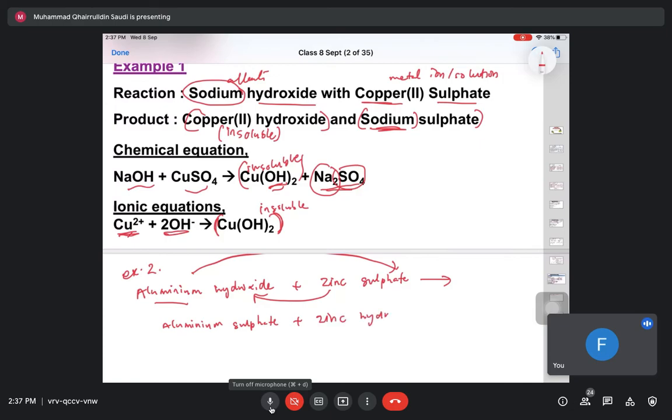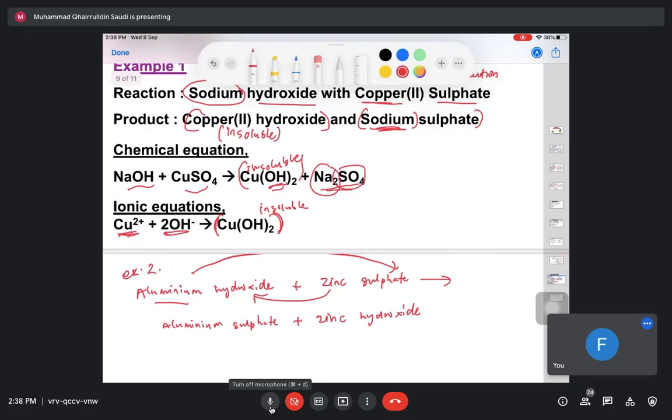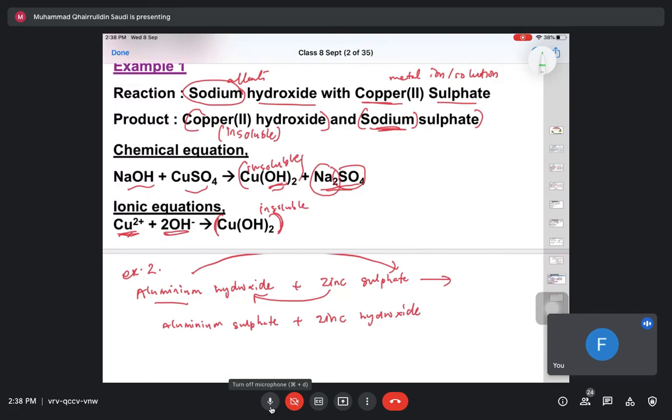Can you tell me which one will be the insoluble one? Aluminium sulfate or zinc hydroxide? Okay, look back at the top.